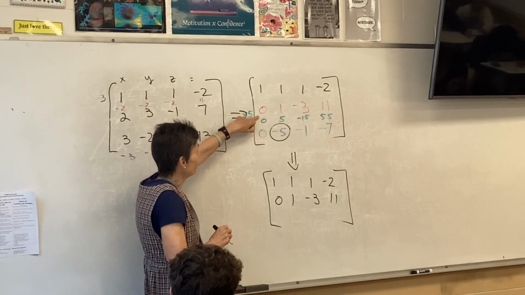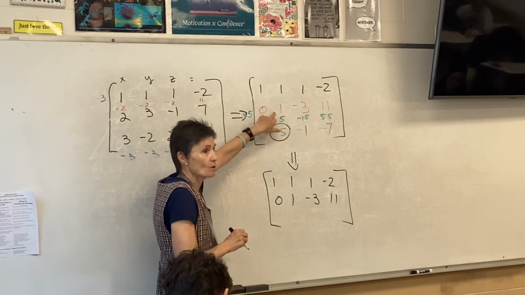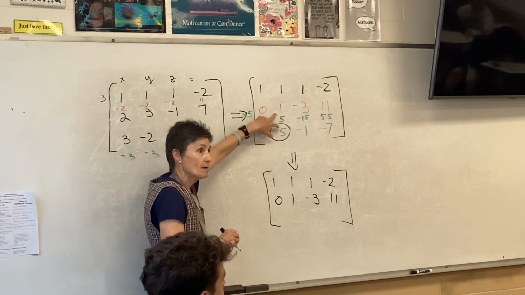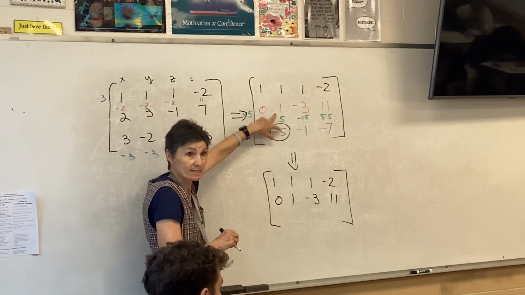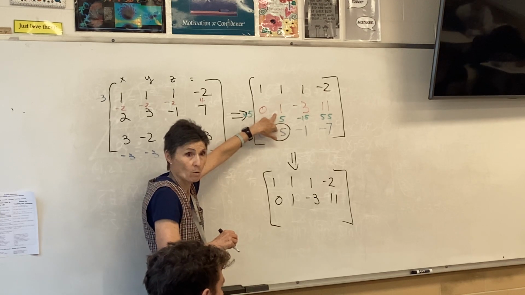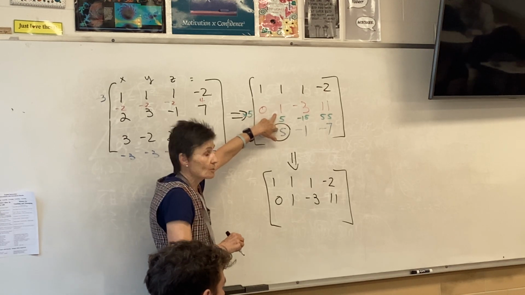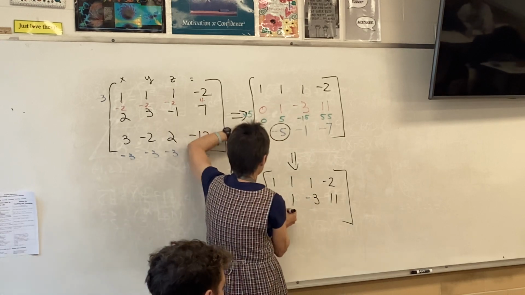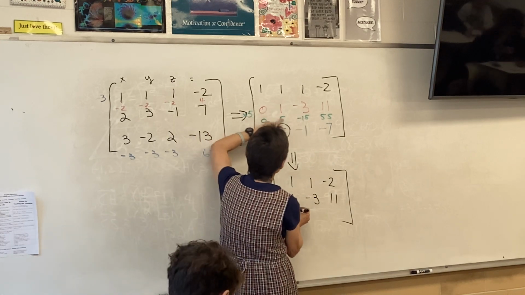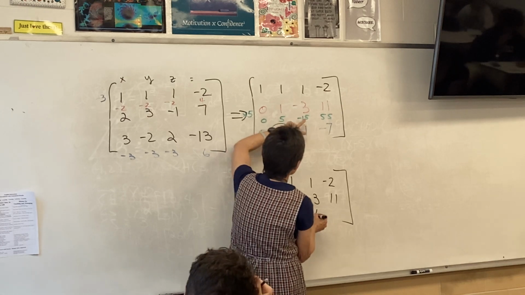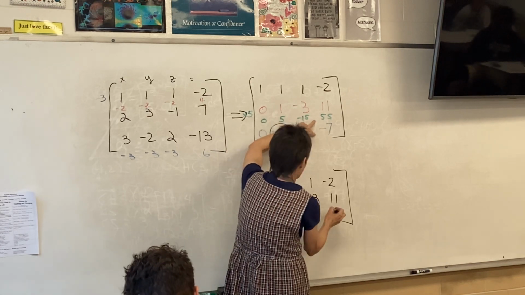I'm multiplying 5 times the red row so that becomes a 5, so that I can add it to this guy and get the 0 that I want. So what have I got? 0, 0, -16, and 48.